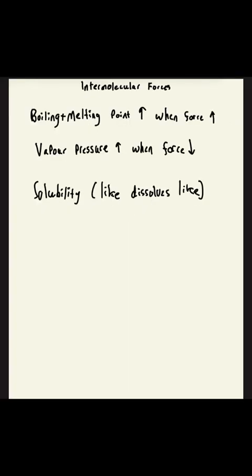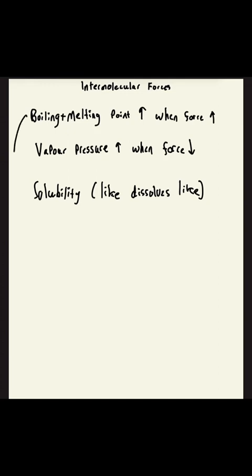Okay, now let's talk about how this affects the physical properties. All right, so we're going to talk about boiling point and melting point first. Now, boiling point and melting point, they will increase when the intermolecular forces between the molecules are stronger.